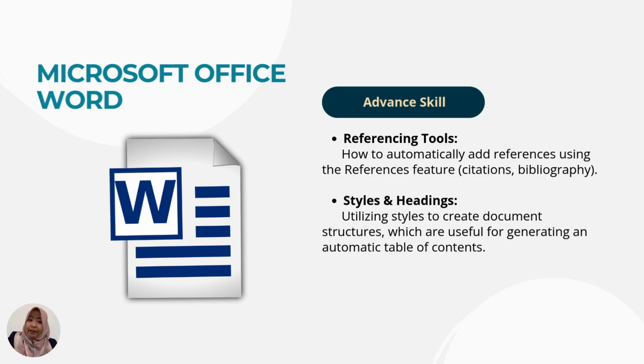The first one is referencing tools, especially for academic purposes. You are required to know how to automatically add references using the references feature, for example, citations or bibliography. Also, you are able to utilize styles to create document structures which are useful for generating an automatic table of contents. We call it styles and headings.